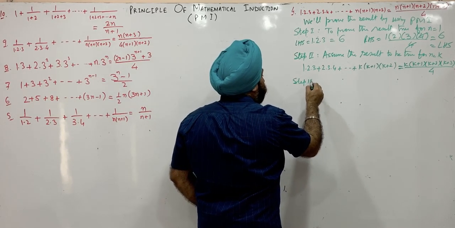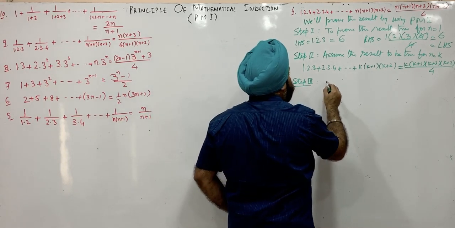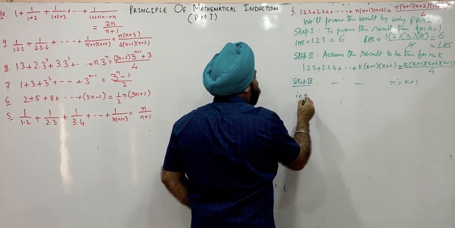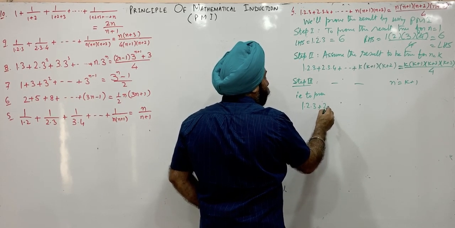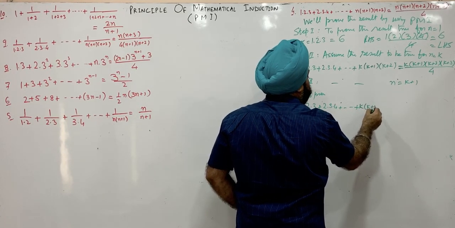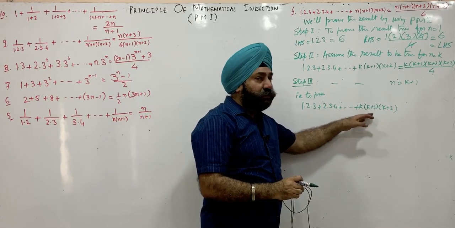The third step, last step, here we have to prove the result true for n is equal to k plus 1, that is to prove 1 into 2 into 3 plus 2 into 3 into 4 and so on k into k plus 1 into k plus 2. This is sum up to k terms.